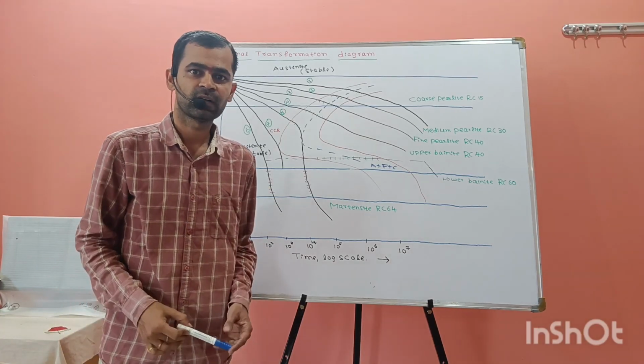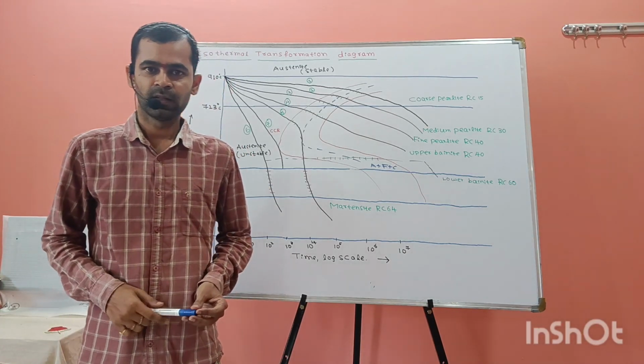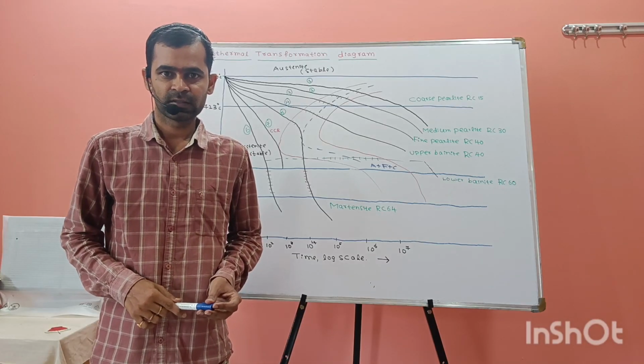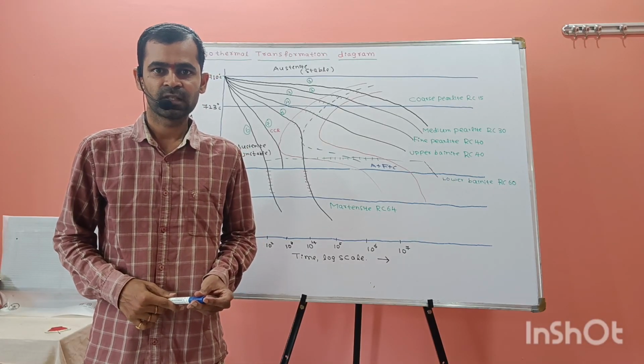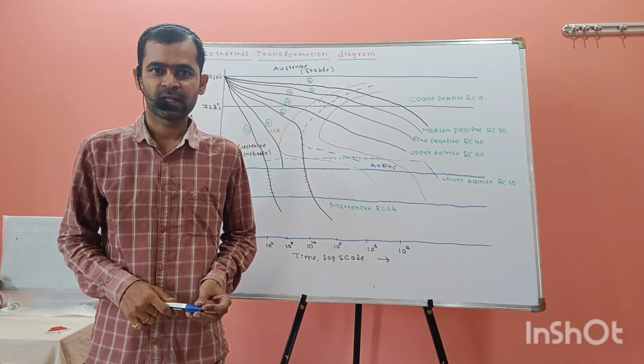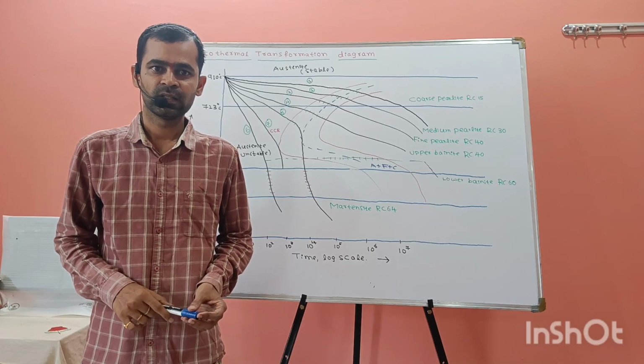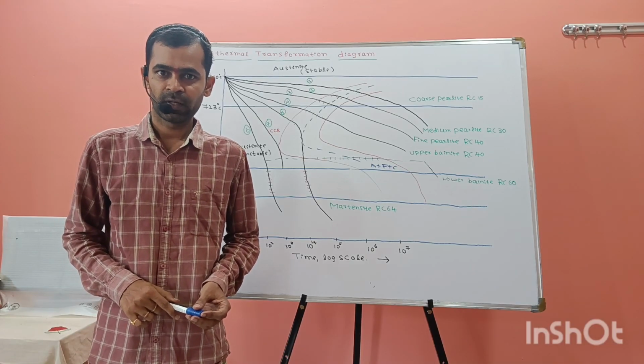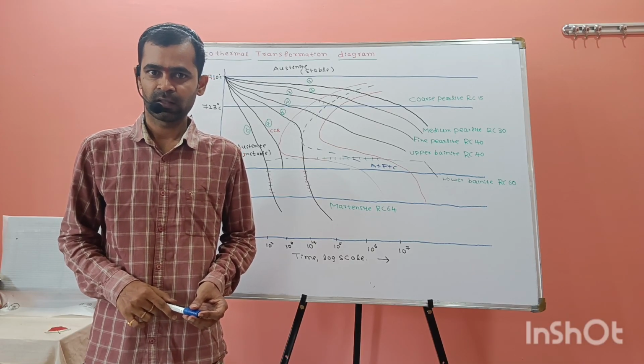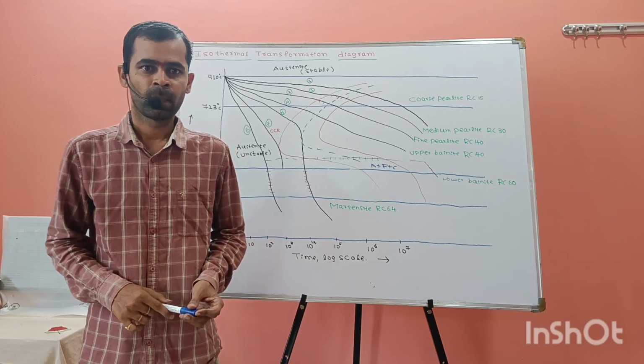Hardenability of the steel is the ability of the steel to form martensite throughout the section at a given cooling rate.